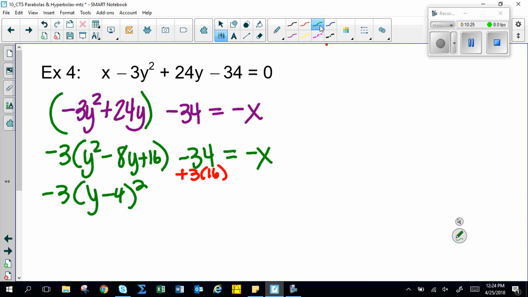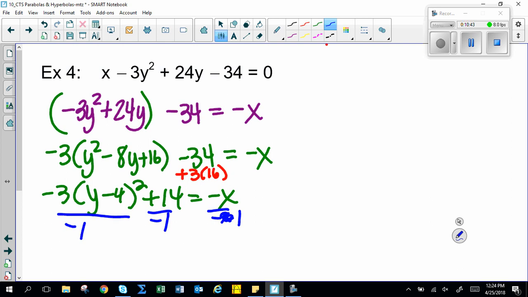This is 48 minus 34, which is positive 14 equals negative x. But I need it to be x equals, not negative x equals. So here's where I'm going to divide everything by, oops, not by negative x, by negative 1. So your final answer should be x equals 3 times y minus 4 squared minus 14.